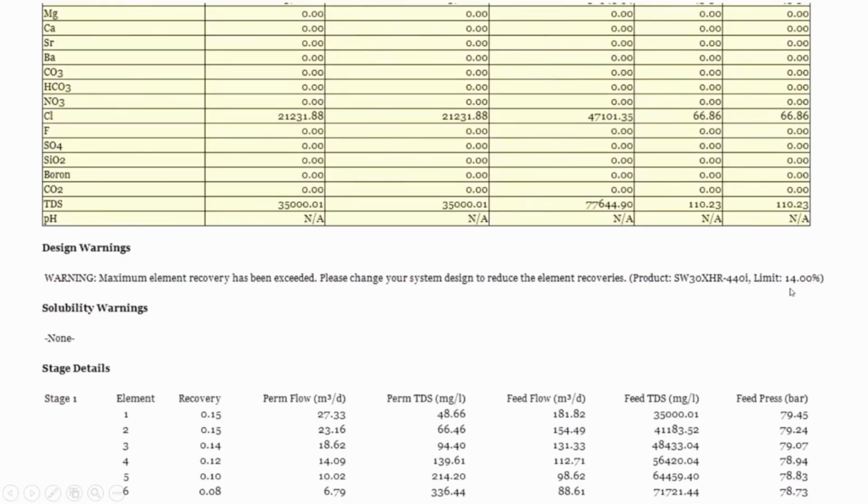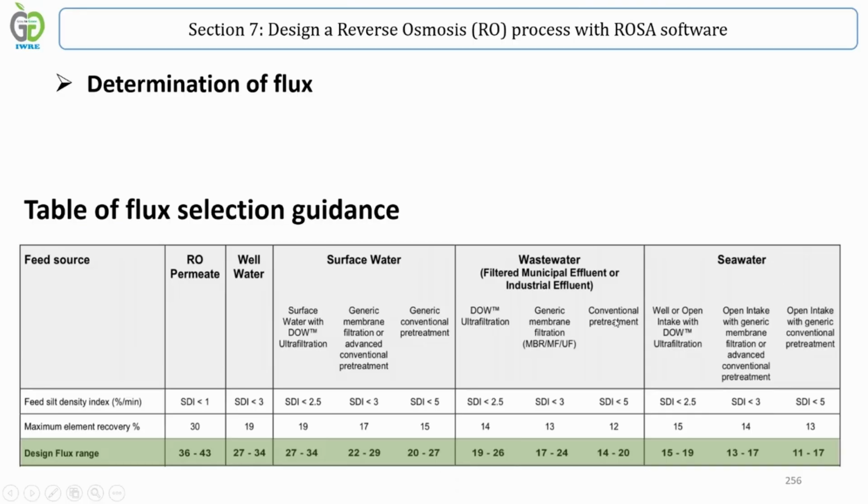How can you find this number? If you look at this table, in our case the feed water is seawater with SDI less than 3, and we consider a design flux range between 13 to 17. The maximum element recovery in this case is 14.